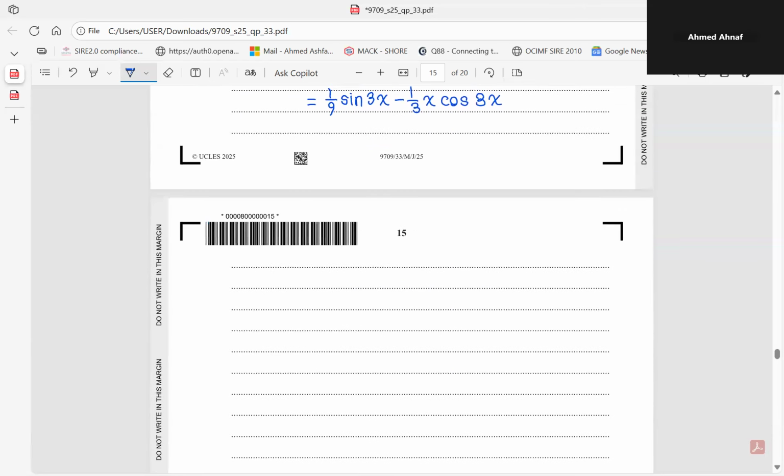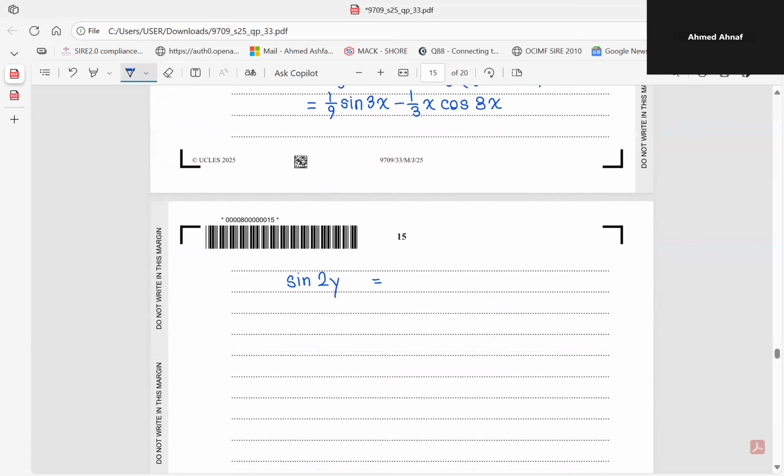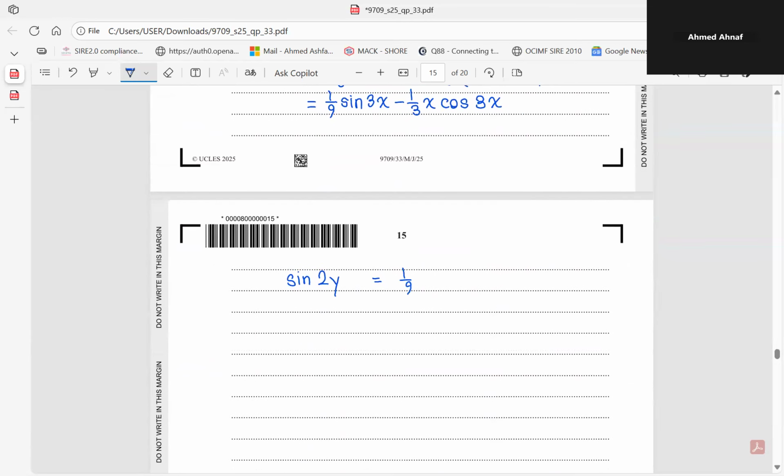Okay, and now we can equate both of these. So sine 2y equals 1 over 9 sine 3x minus 1/3 x cosine 3x.